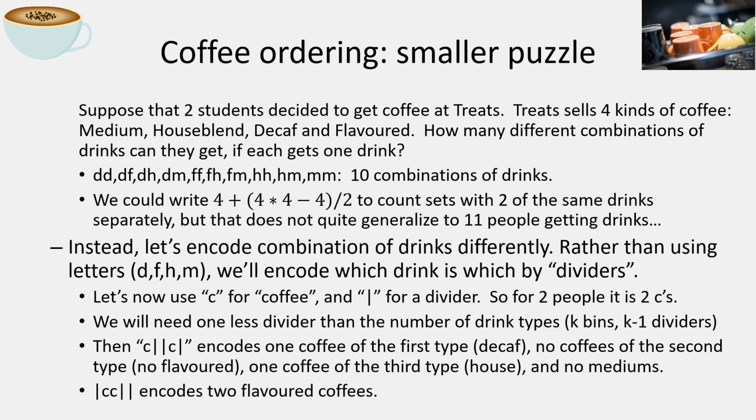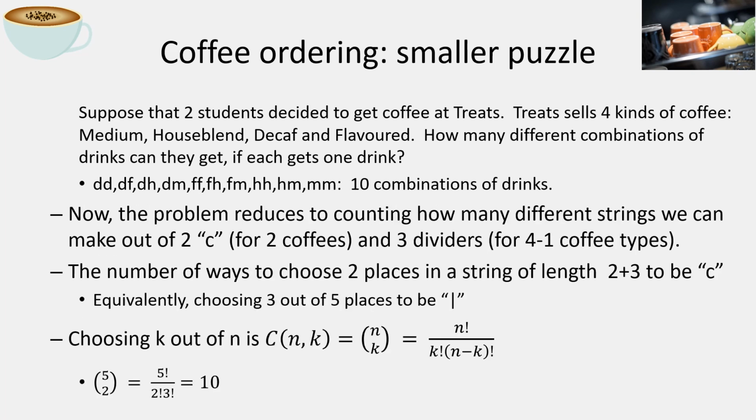All you're doing is saying everything that comes before the first divider encodes my decaf, between first and second is flavored, between second and third that's house coffees, and what's after the last divider is mediums. So now with this notation, we could finally count how many orders those two students can make if they have 4 choices of coffee.